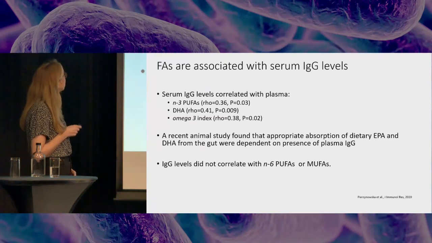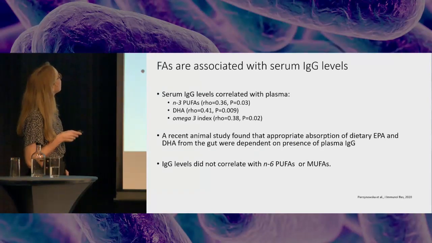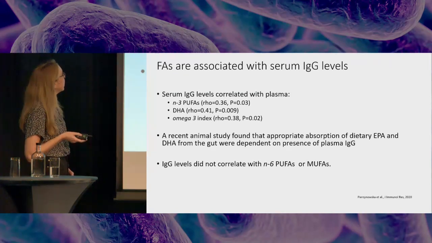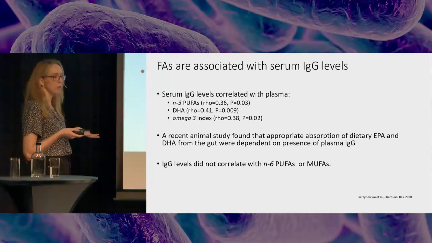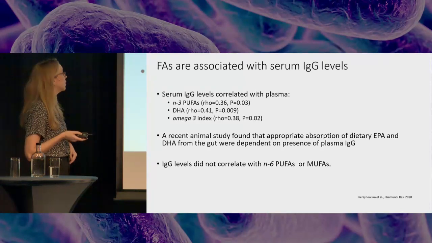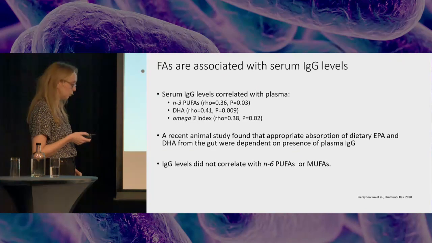When we had this result, we went to the literature and found a recent animal study where the appropriate absorption of the dietary EPA and DHA, which is the omega-3, from the gut was dependent on the presence of plasma IgG. We thought this was an interesting link between one of the major immunological features of CVID, reduced IgG, gut absorption, and gut microbiota. And this was not the same for N6 PUFA or MUFA.